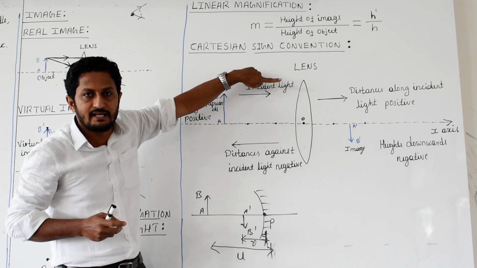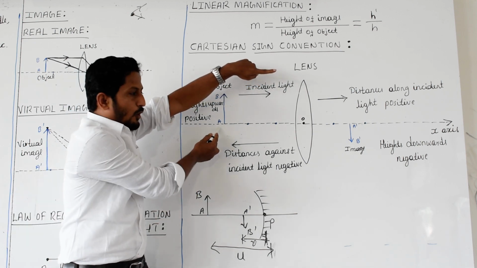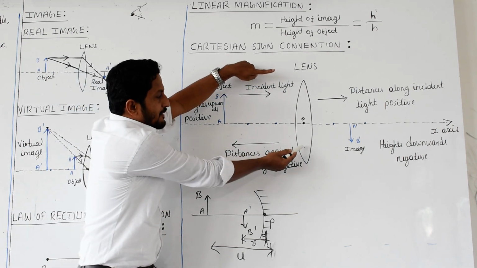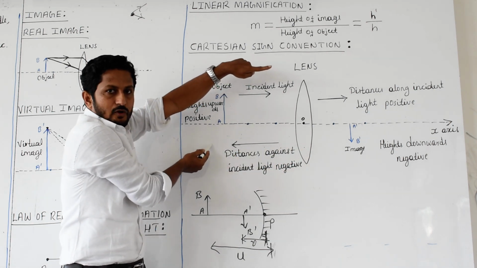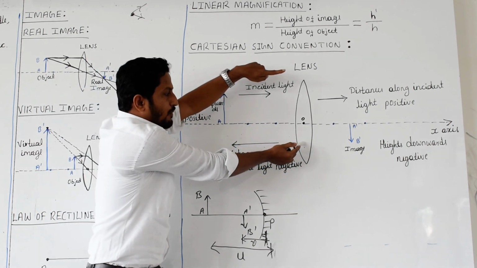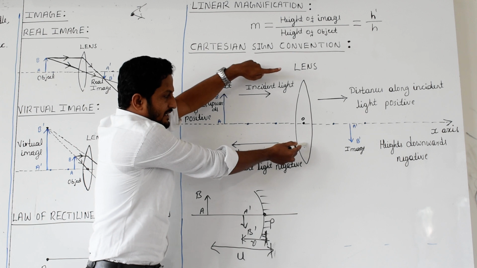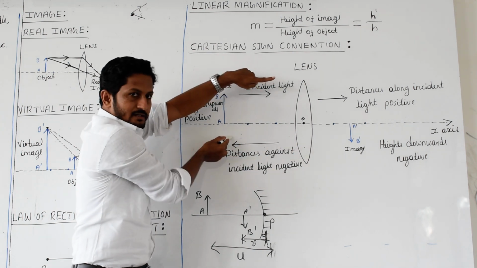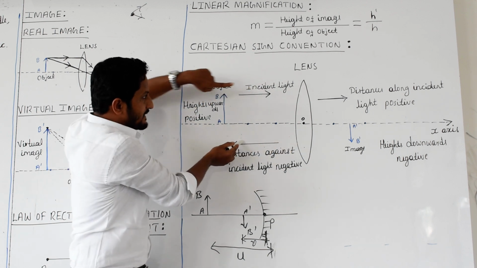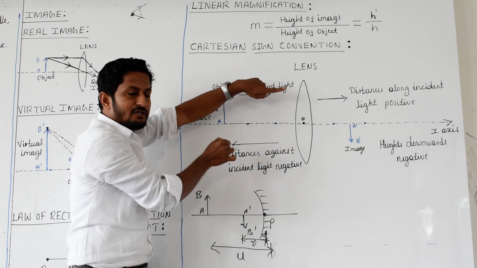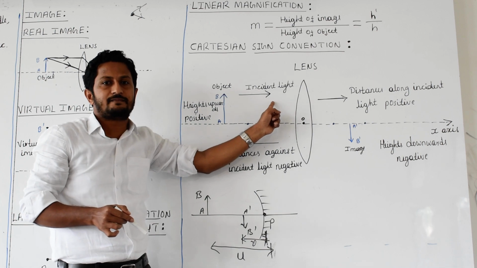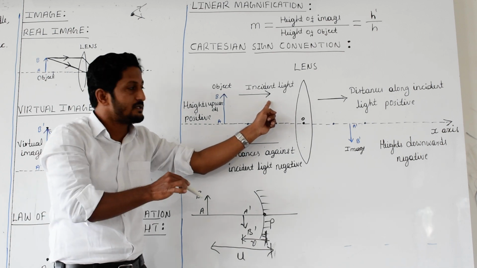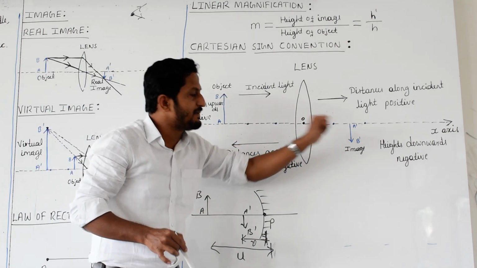The incident light ray is coming like this. To say the object distance, you start measurement from the optic center and move like this. Your movement is in the direction opposite to the incident light. In opposite. What about image distance?